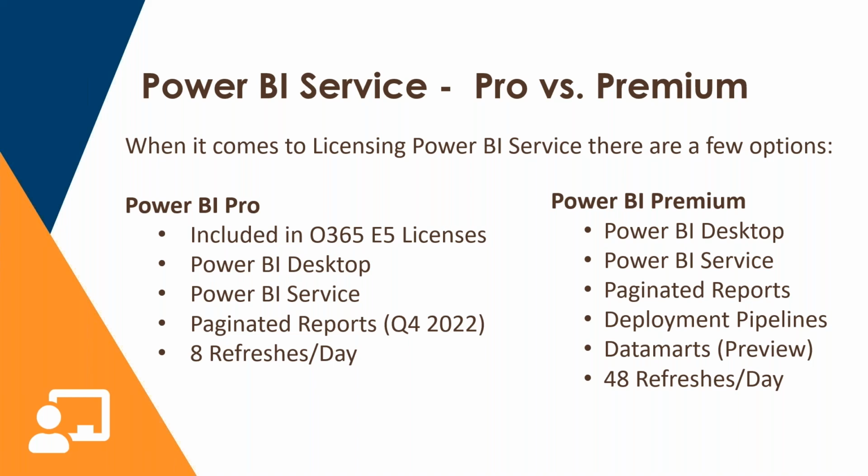And with that, you get service. You also get paginated reports, which kind of allow you to create invoice SSRS style reports within Power BI. You also get 8 automatic refreshes a day in Power BI service.